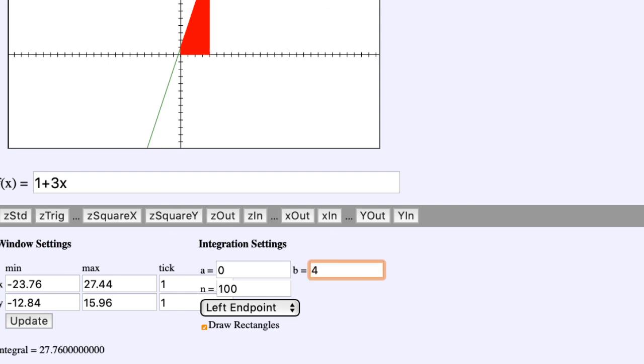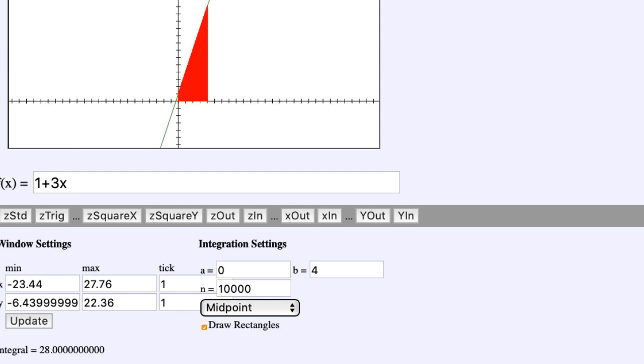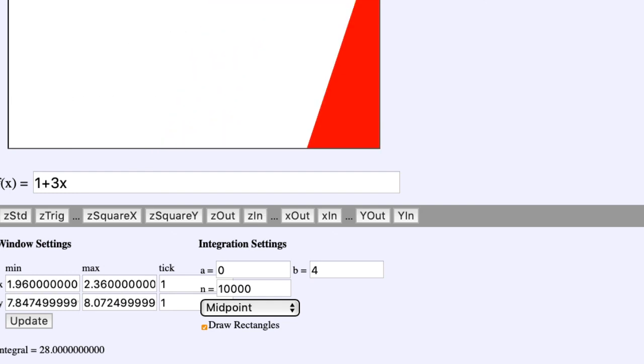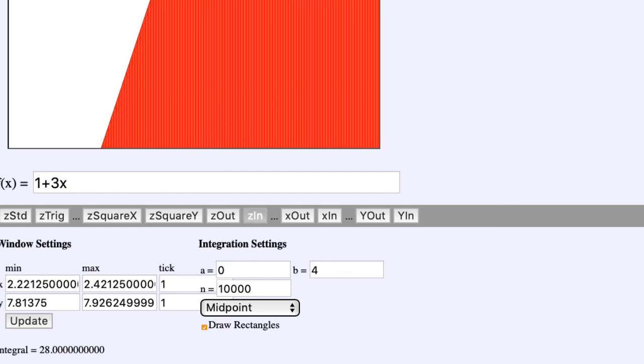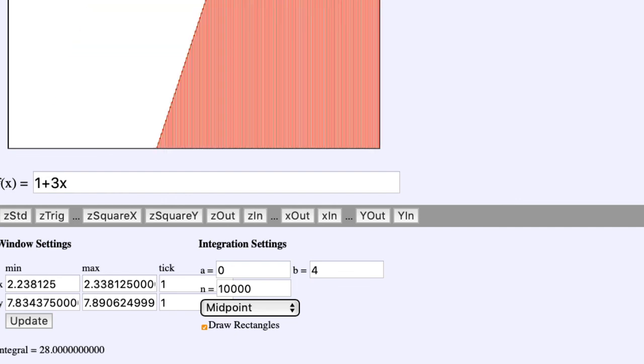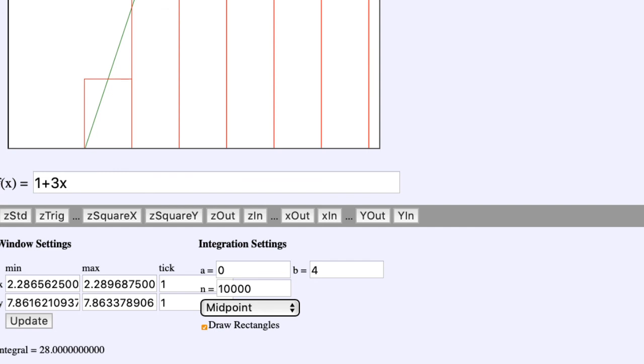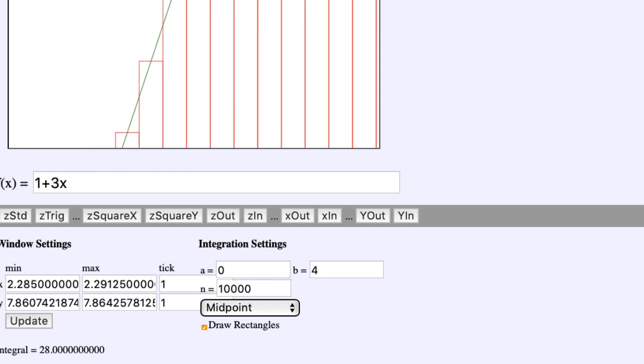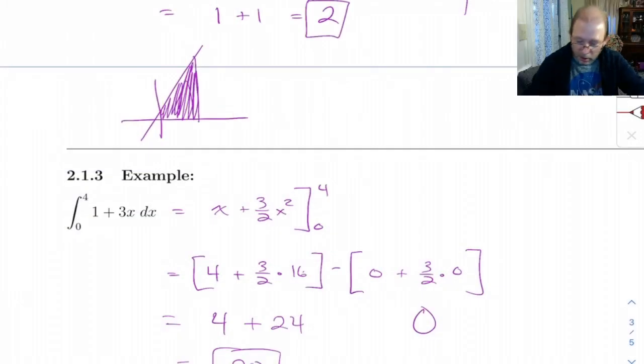And let's see, 27.76. If I change this to midpoint, it should be dead on. Yeah, 28. Why is it dead on? Because if you zoom in, because this is a straight line, the error where it's overcounting and the error where it's undercounting exactly cancel each other out. But anyway, that gives us the same thing that we got using the fundamental theorem.